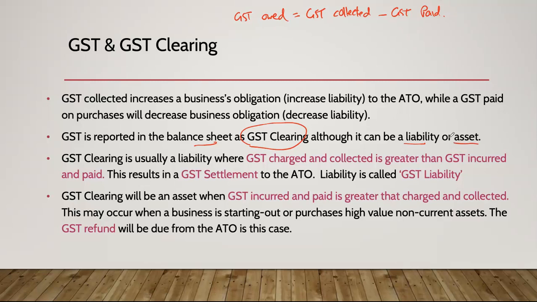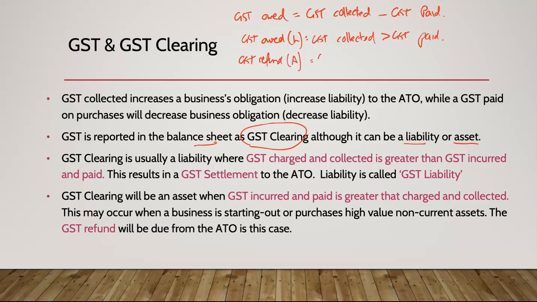If we owe money, so our GST collected is more than our GST paid, GST is owed, so it is a liability. If GST collected is less than paid, GST is an asset, so we have a GST refund, which is an asset because we are going to get some money.